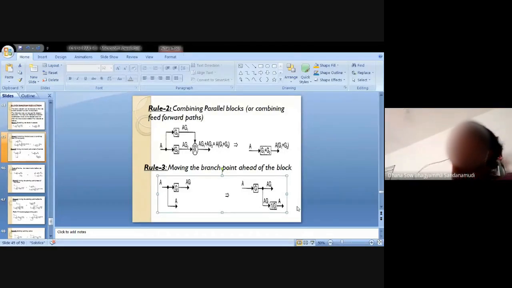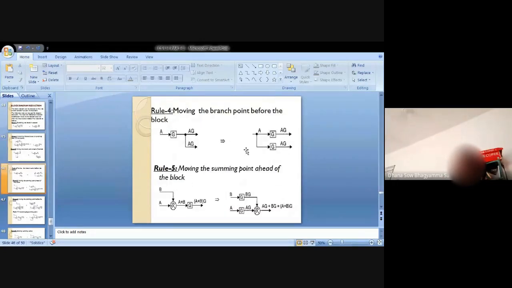The output should not vary even after combining the blocks. Final outputs and initial inputs should not vary; in between there may be any change. So a block of 1 by G must be introduced here so that the Gs cancel and only A remains. Okay, next, rule number 4.